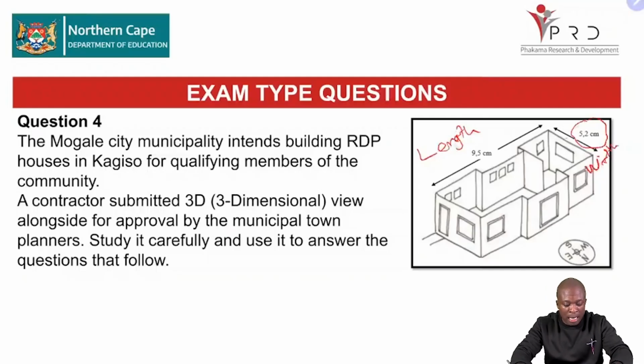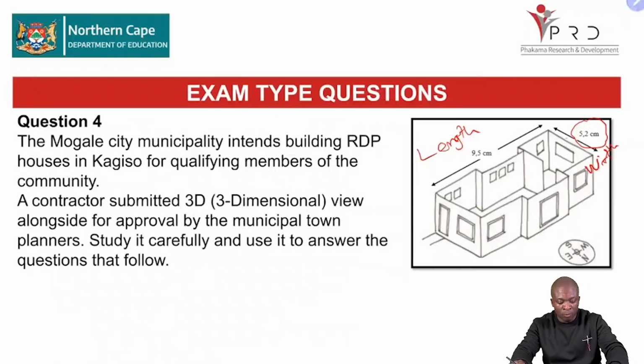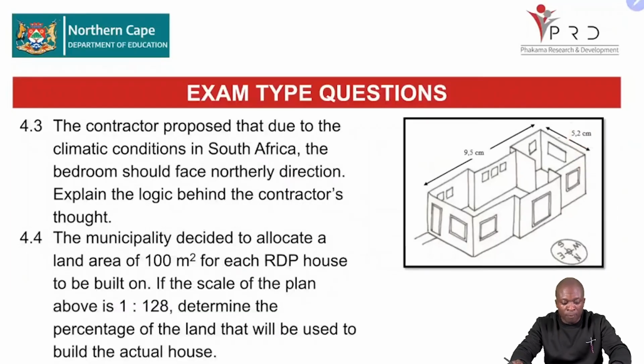So let's look at the kind of questions that they want to ask. We have 4.3. The contractor proposed that due to the climatic conditions in South Africa, the bedroom should face a northerly direction. Explain why the contractor would suggest that the bedroom should face in that direction.